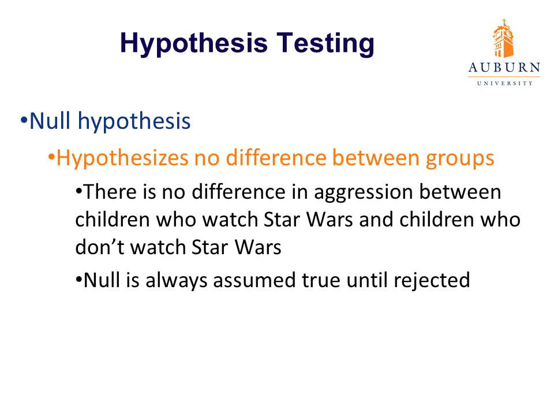We must assume that until we have some evidence to suggest that children who watch Star Wars become more aggressive. We'll always assume that the null is true until we have enough evidence to reject that null hypothesis.